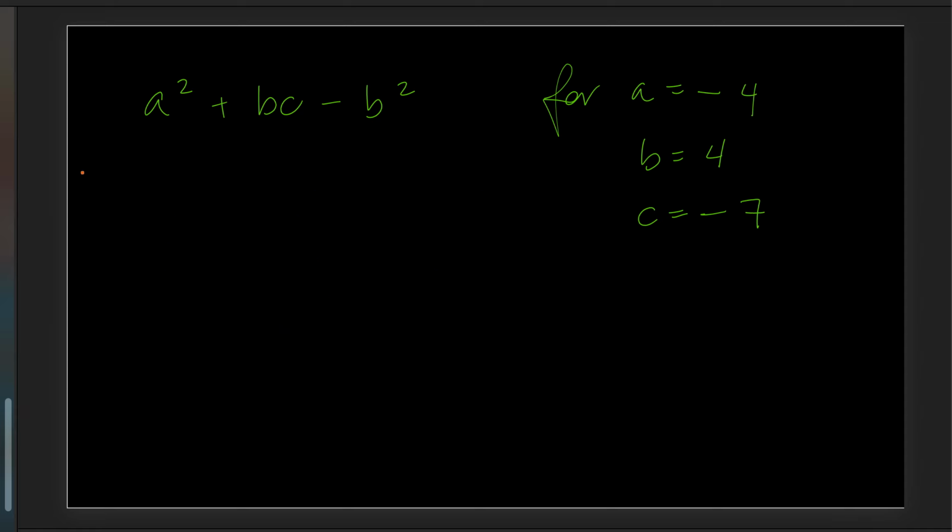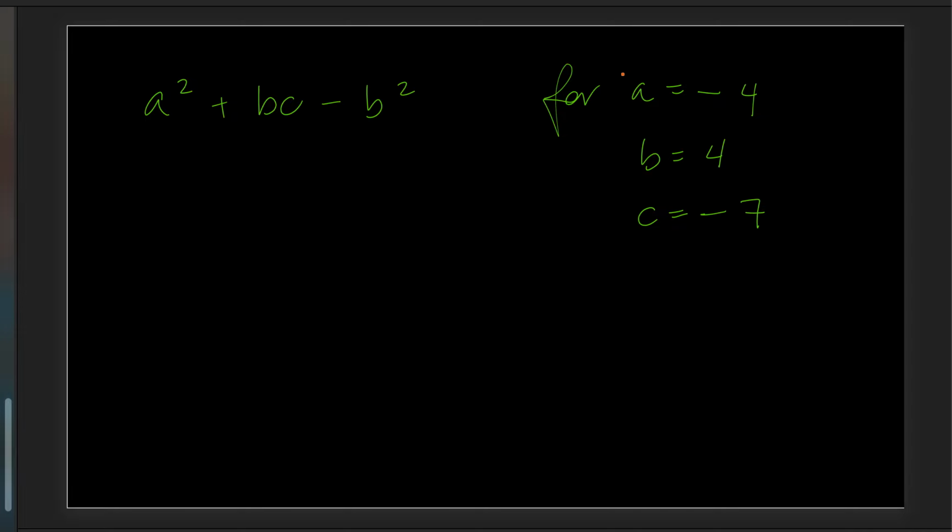Now I'll do one more of those. A squared plus BC minus B squared, and you've got given values here. Don't forget you can pause and try to do this yourself, see how you do. And you also have my math lab. It's really great to practice on your own and then see and check your answer, see if you got it right. See if you're understanding.